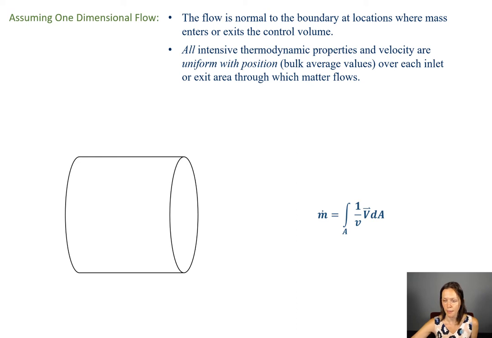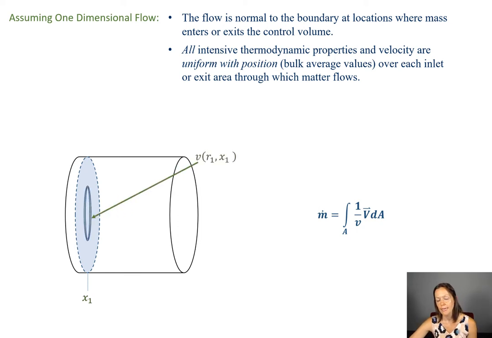So here's my pipe, and I've got fluid flowing through, and I'm going to look at some location x1 along the pipe. And here's that little sliver of my area. Now, if I wanted to look at the specific volume, it's not right at the center, but kind of close to the center. So we'll define it at some radius r1, and it's at location x1.